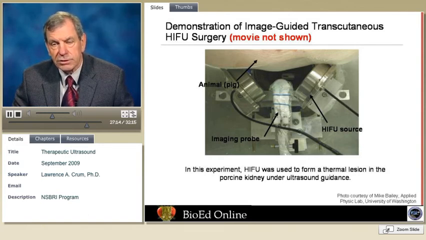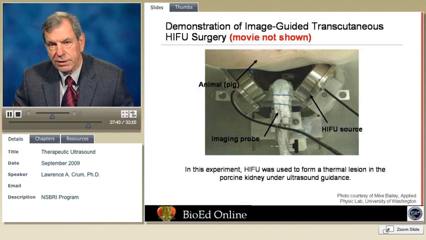Now we'll image the kidney and the tumor within the kidney, and then we'll apply focused ultrasound to destroy that tissue. And so this movie then shows, now you see we're actually doing imaging and therapy at the same time. The artifact that you see with the fan-shaped area shows the application of high-intensity ultrasound. And you note at the middle of that little arrow there, a bright spot.